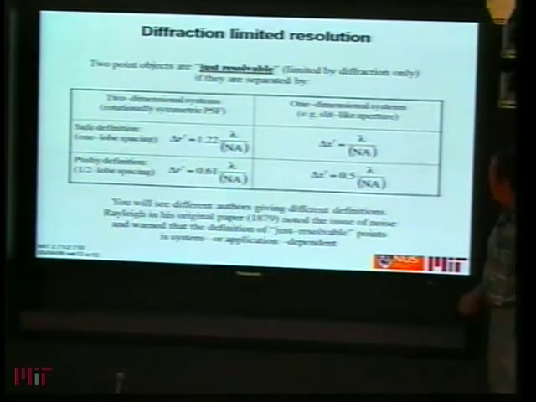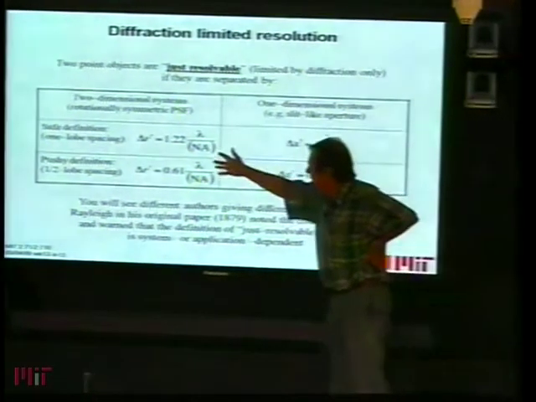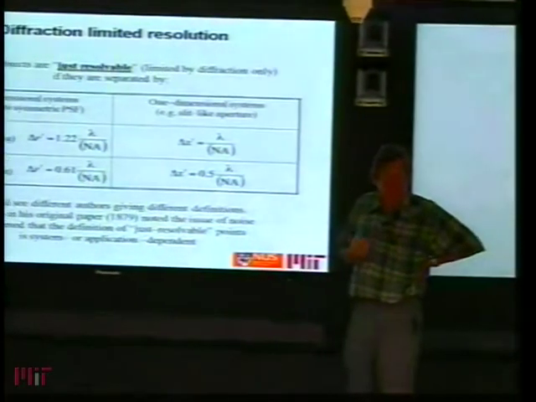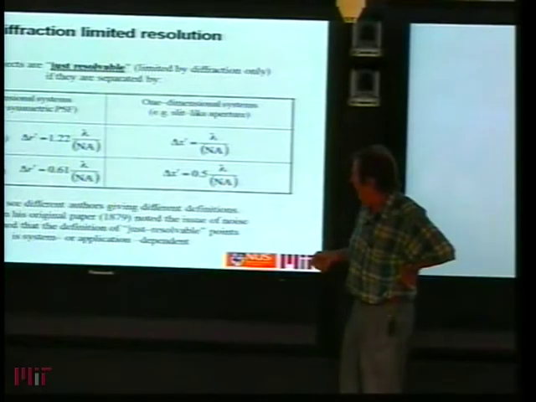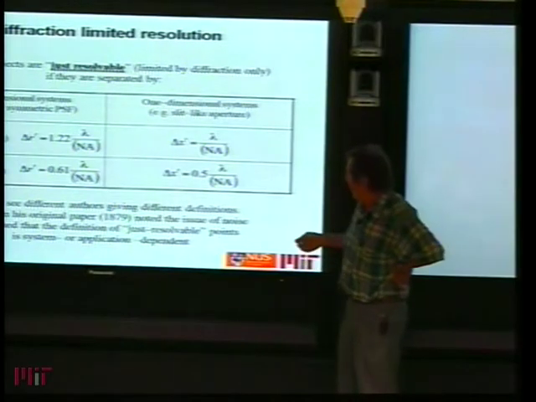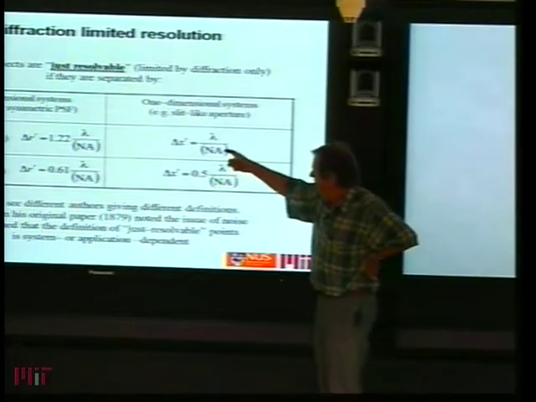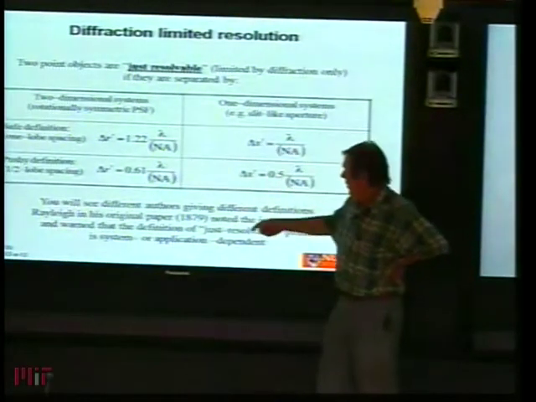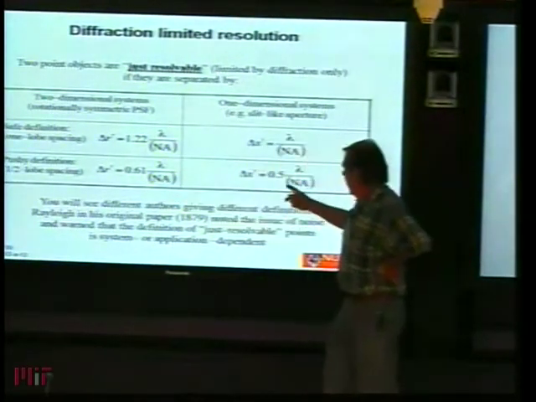Okay. Note that if we did the same thing for the 1D system, i.e. for a slit aperture rather than a circular aperture, then you'd be looking at the first zero of a sinc rather than a Bessel function. And so you get these expressions rather than these. So 1.22 rather than 1, or 0.61 rather than 0.5.